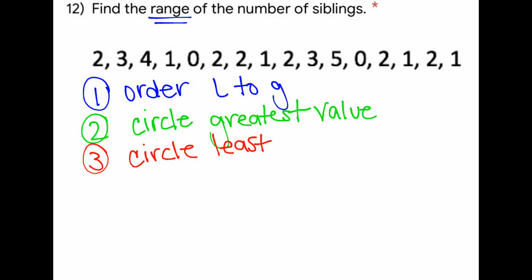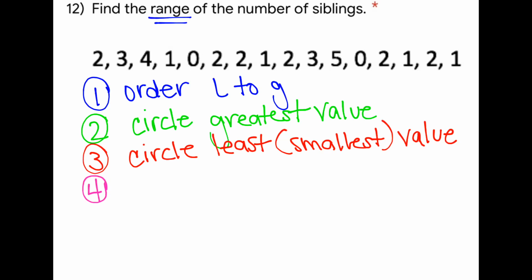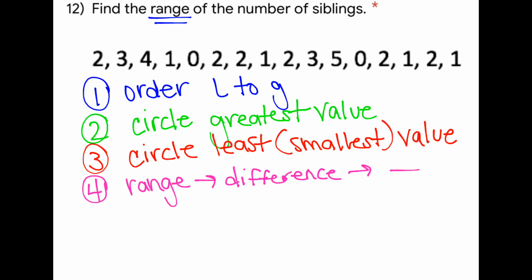And like I said in the previous slide, least means your smallest. Finally, we know that range means difference, and the key word difference means to subtract. So we are going to take our greatest minus our least, and that's going to give us our range of this data set.